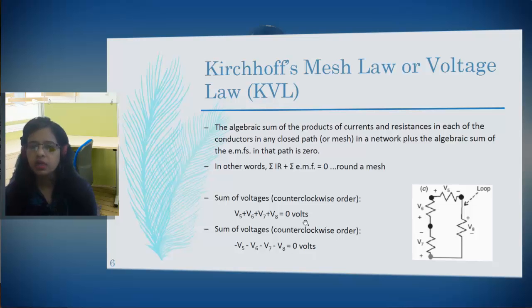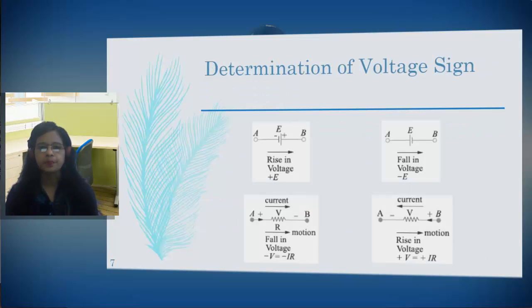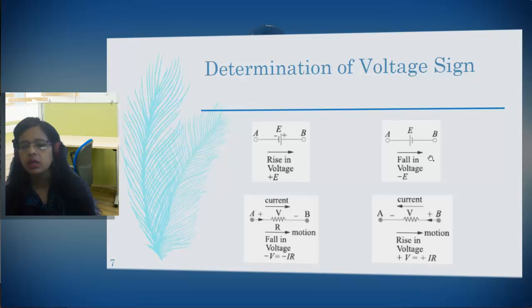So this way also we can write, whether we are taking the counterclockwise or the clockwise direction. Okay, so now this is important: how to determine the voltage direction. If the direction is this, the potential is rising from minus to plus, so the E will be plus E. If the direction is this, but the terminals are altered, it will be minus.